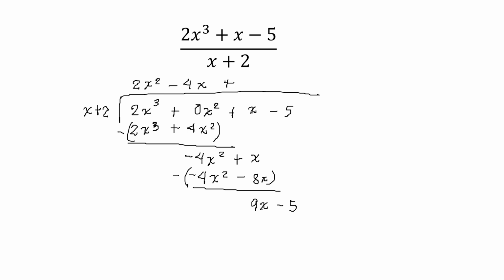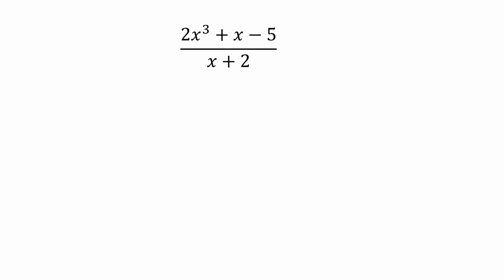It's positive. 9 times x is 9x. 9 times 2 is 18. Then subtract. 9x minus 9x is 0, negative 5 minus 18, because this is minus, so that's minus 23. So our answer, 2x squared minus 4x plus 9, remainder negative 23.